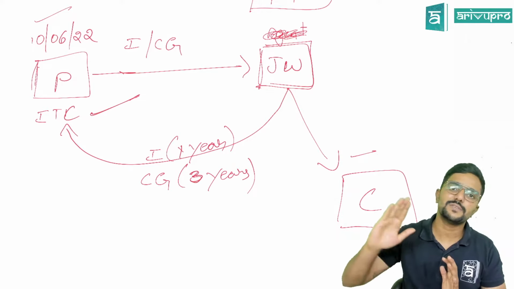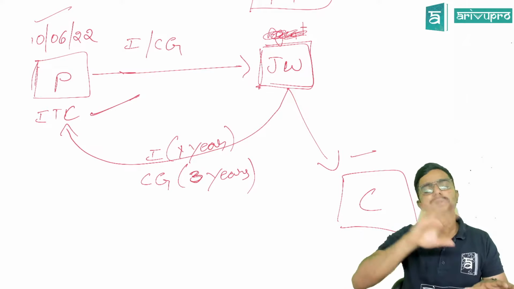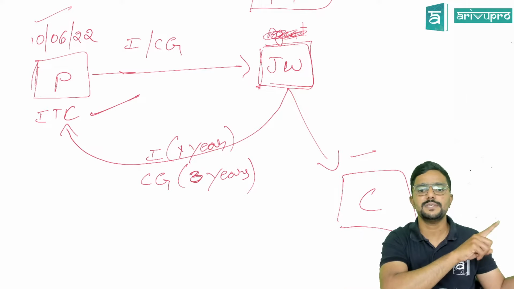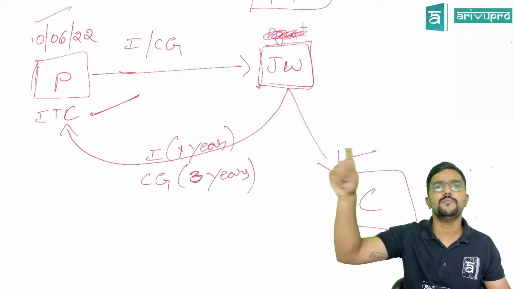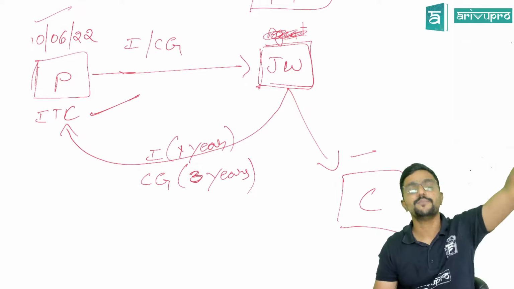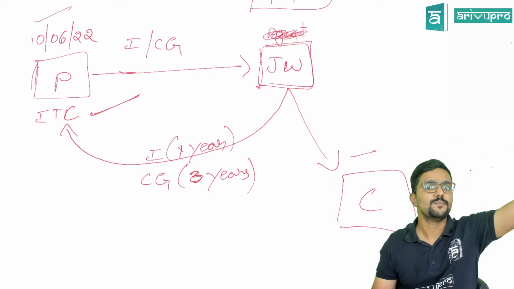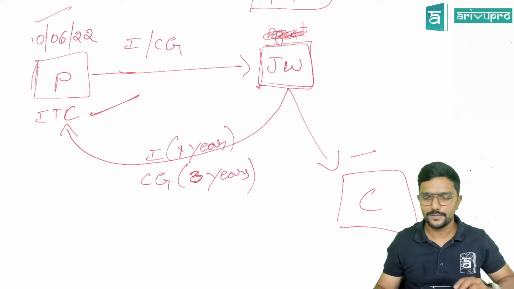From the job worker's place only it can be sold. Clear? Because on that sale, the principal will be liable to pay tax. For the principal, it will be an outward supply. Even though it might be supplied from the job worker's place, still no problem. Whose outward supply is that? Principal's. But there are some conditions for this. We will see that later.